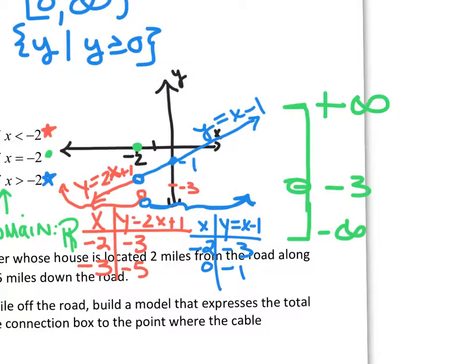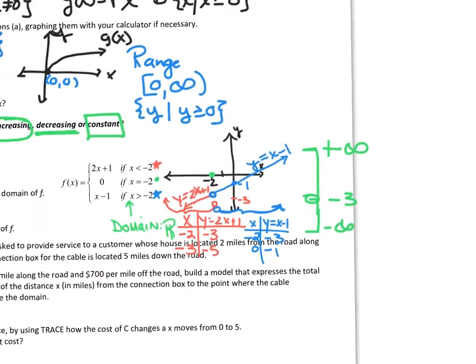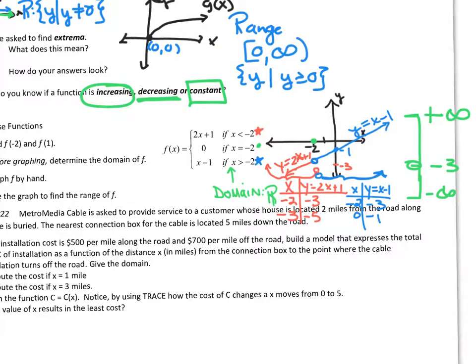So for us, the y values go from negative infinity to negative 3, but don't include negative 3. And then go from negative 3 to infinity. We have to write that in interval notation. So let's go back over in that space and write that in that notation. So it is negative infinity to negative 3.